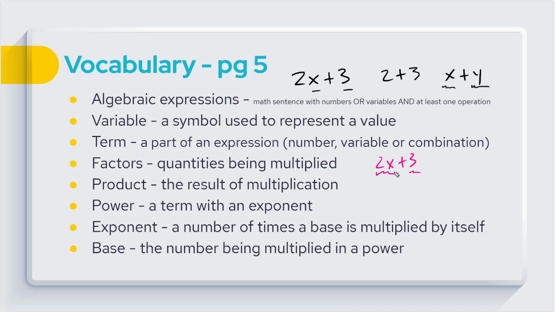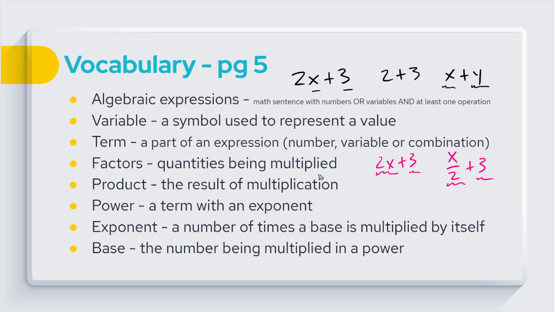So it could be a number and a variable as long as it's combined as a product or as a quotient. So for example, x over 2 plus 3. x over 2 is also a term. 3 is also a term.